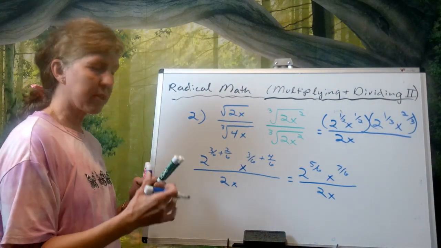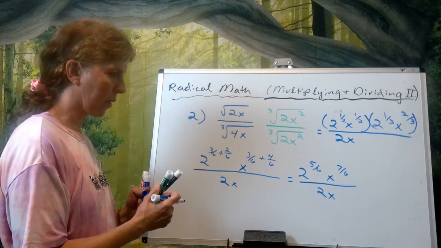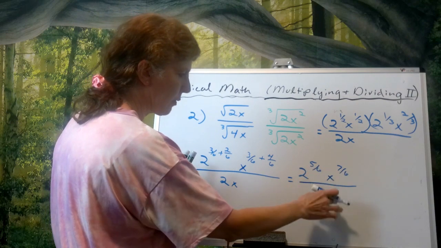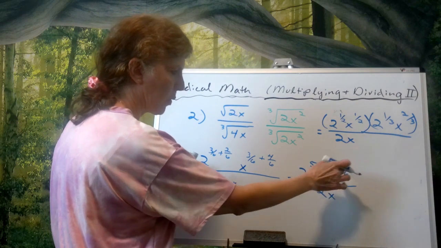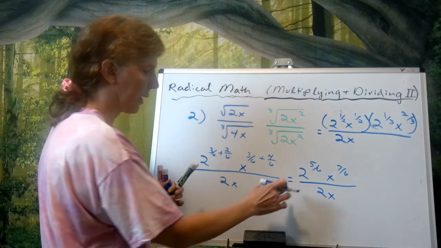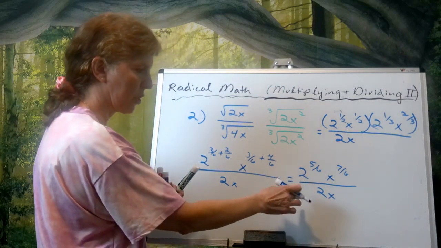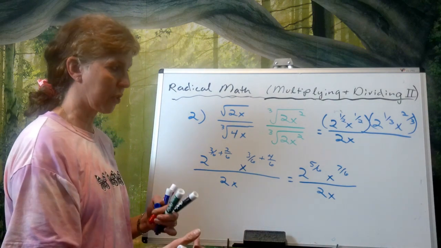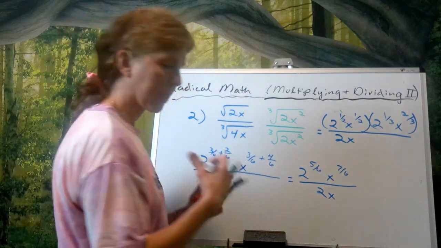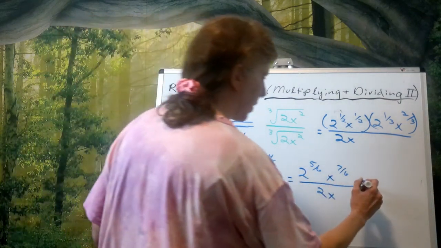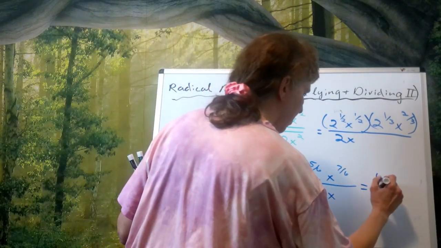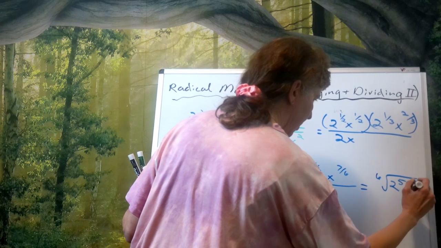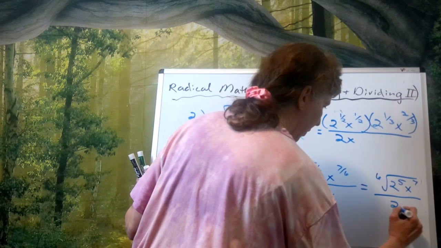If you want things in simplest fractional form or simplest radical form, either one, I can simplify the x's because I have more x's in my numerator. But if I simplify the 2's, I will end up with a square root in my denominator, which I don't want. So there's a couple ways you can do this. You can now say this is all the 6th root of 2 to the 5th, x to the 7th, over 2x.